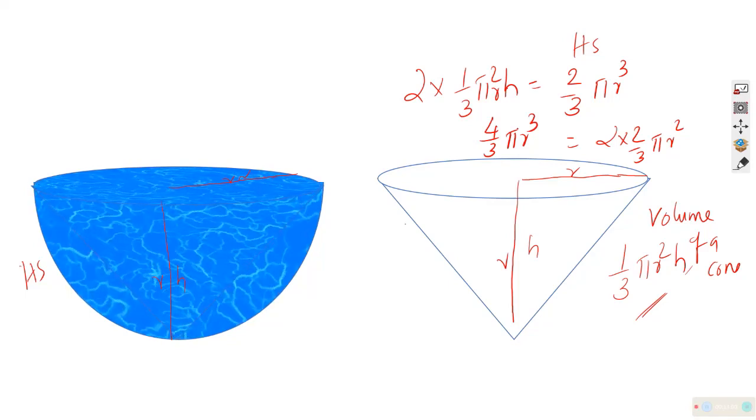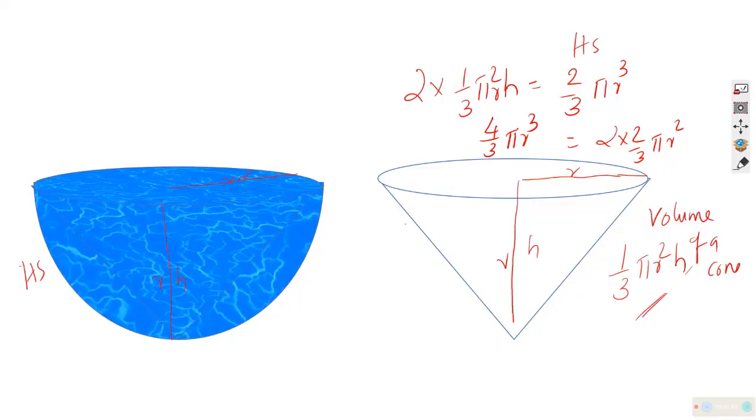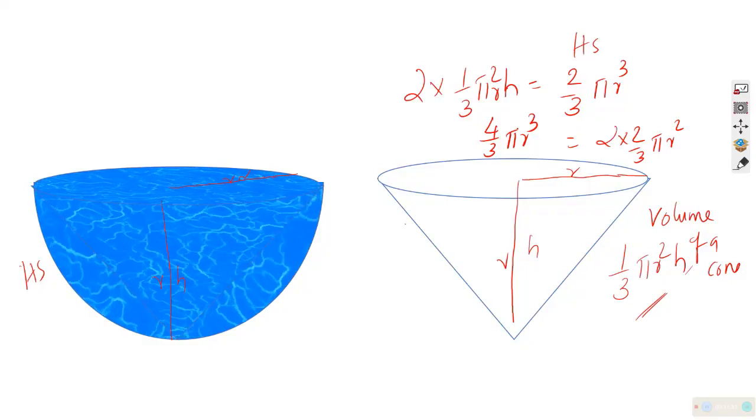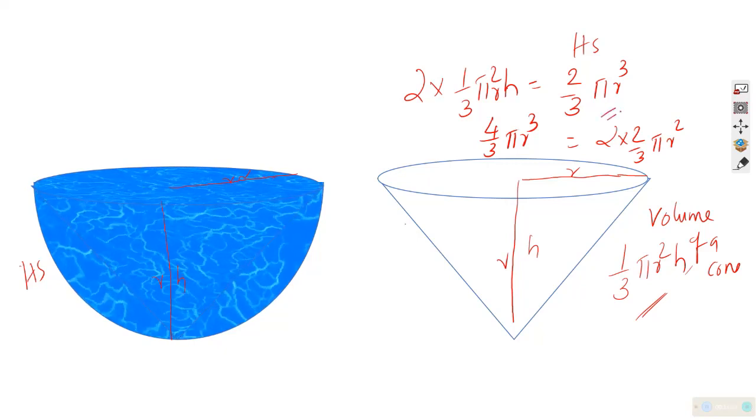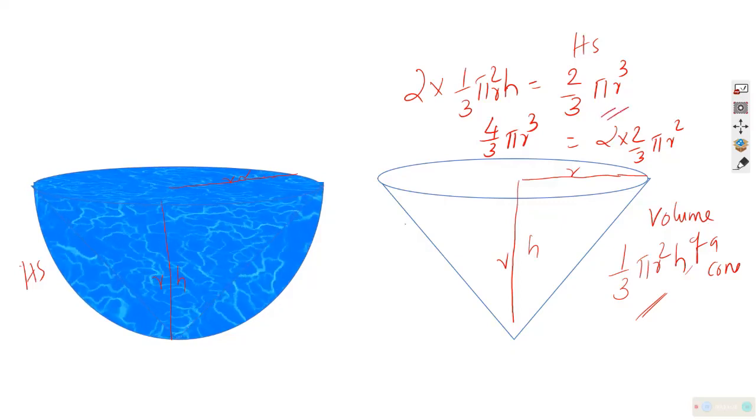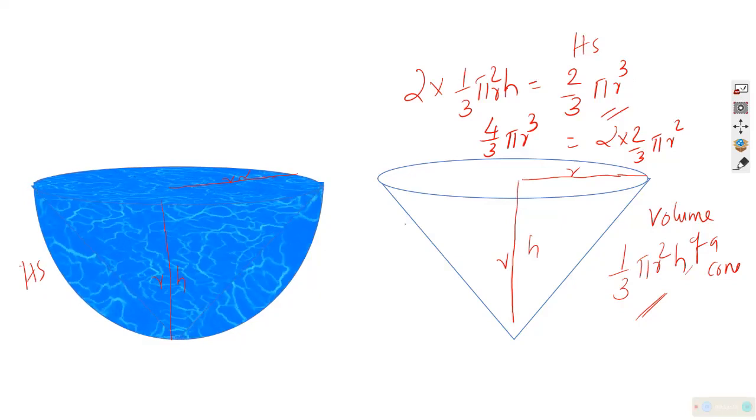Now from the same cone we could find that 2 times the cone volume of same radius and height, radius and height being same for hemisphere, is equal to the volume of hemisphere, and we get the formula 2/3 pi r cube as the volume of hemisphere, and 2 times of that, 4 by 3 pi r cube, is the volume of a sphere.